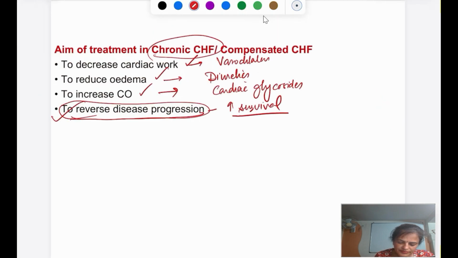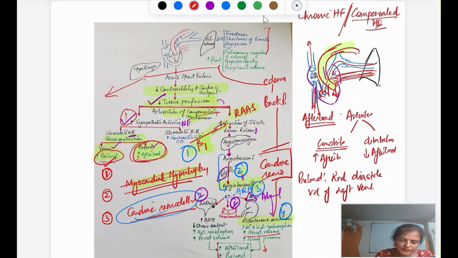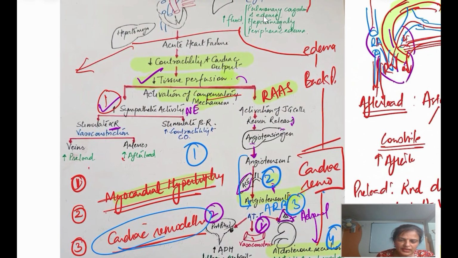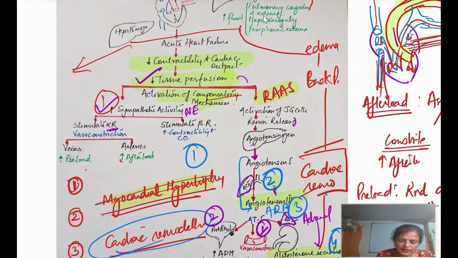Because, especially in compensatory heart failure, the initial improvement in the cardiac output is mainly because of the preload.